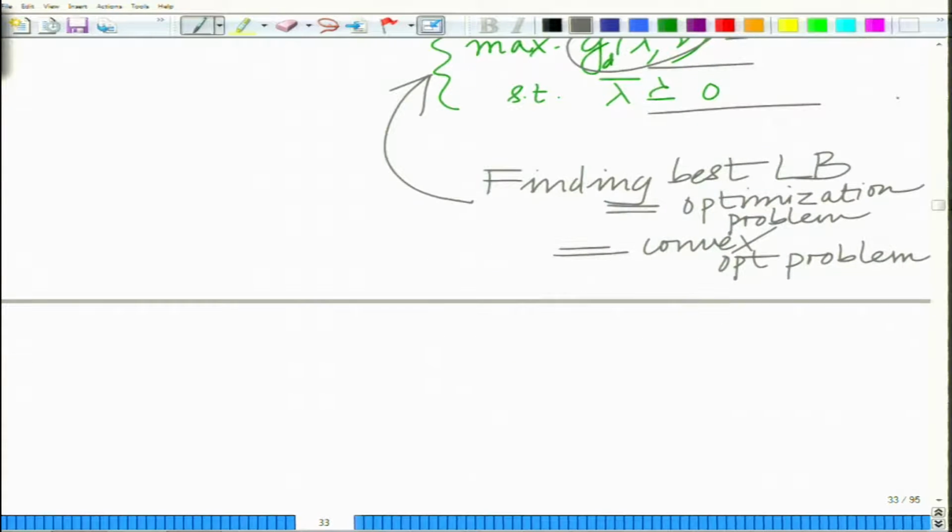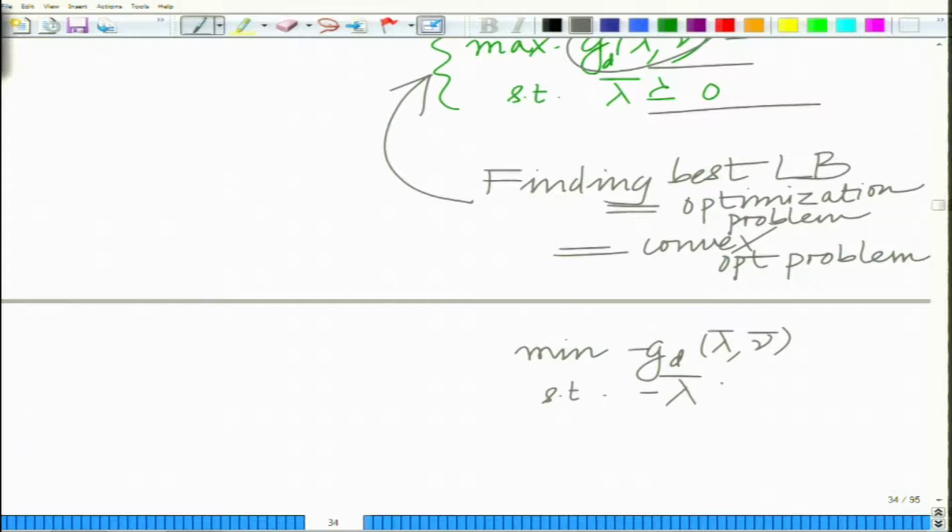So, I can equivalently write this as the minimum of minus g. g(lambda bar, nu bar) is concave, so minus g(lambda bar, nu bar) is convex. Instead of maximizing g, I can minimize minus g subject to the same constraint, lambda bar greater than or equal to 0.